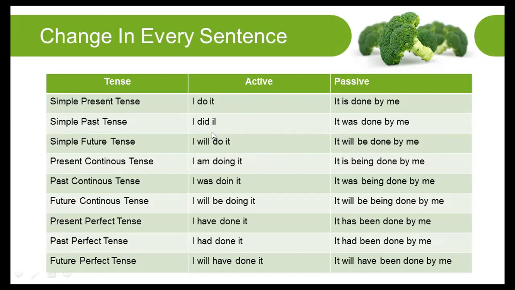Because will is an auxiliary in the simple future, we must put will again, and we enter be, after be comes done, the verb 3 from do, by me.